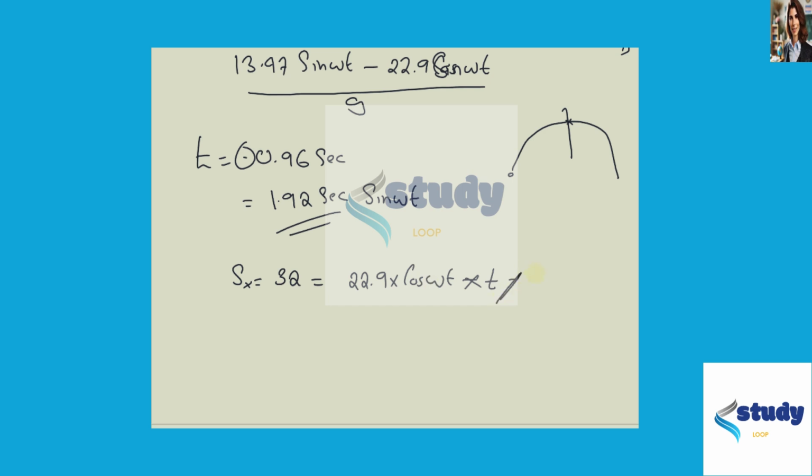So that will be equal to 22.9 times 1.92 times sine omega t cos omega t. That will be the total distance traveled, which is equal to 32 meters. So we can find out this omega t component.